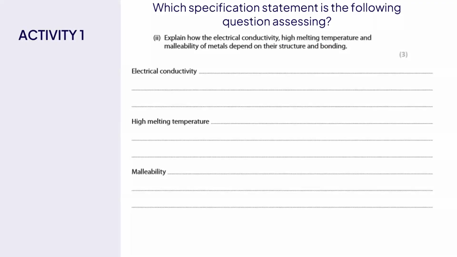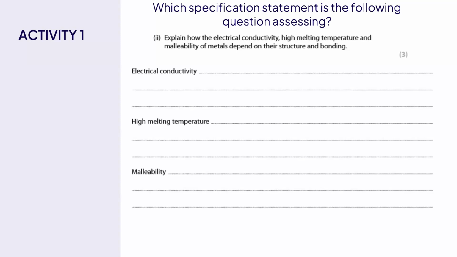So, for example, which specification statement is the following question assessing? If you happen to have a copy of the specification to hand, or you can click on your pack from, I think it's the bottom left-hand corner.